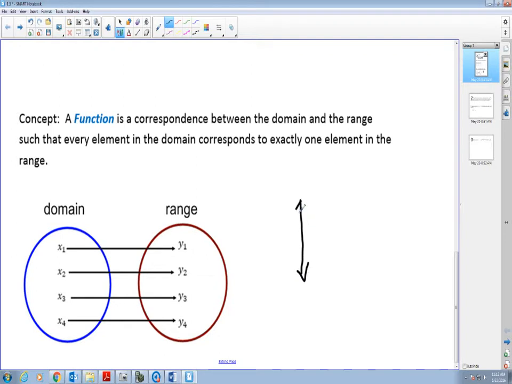In a college algebra class, we call this the vertical line test, because only a vertical line has the same x value where the y values are different. So for a graph to be a function, it has to pass the vertical line test. We cannot have the same x value with different y values. If we do, the graph is not a function.